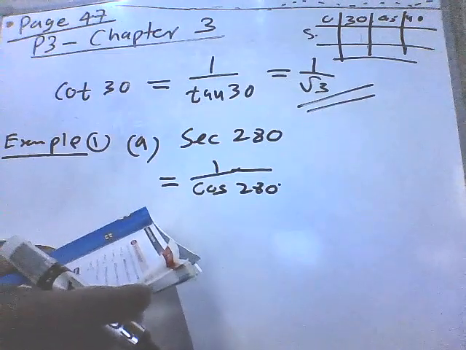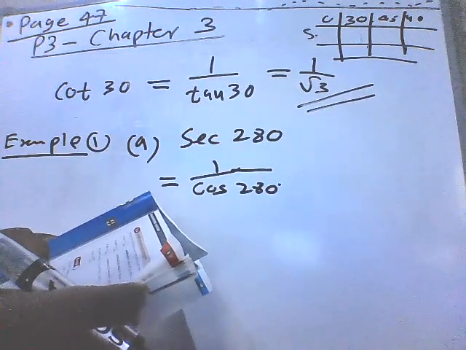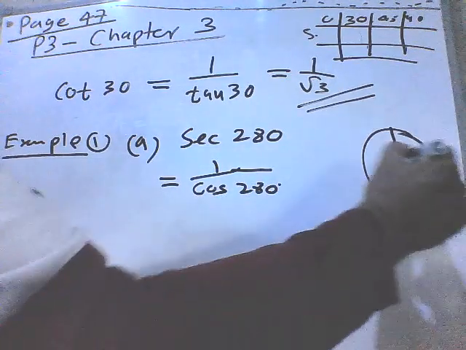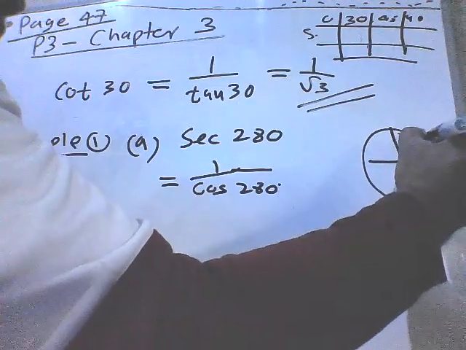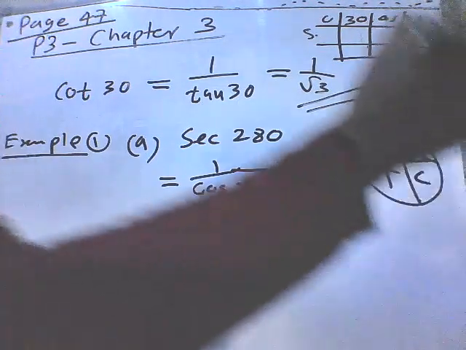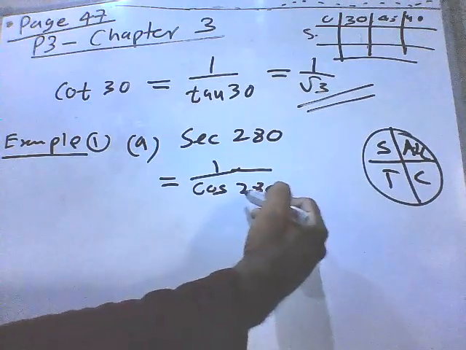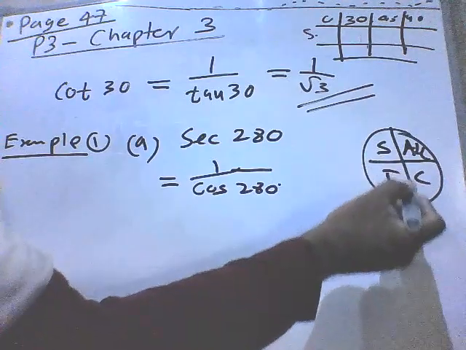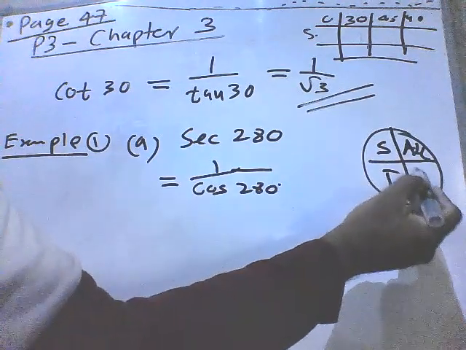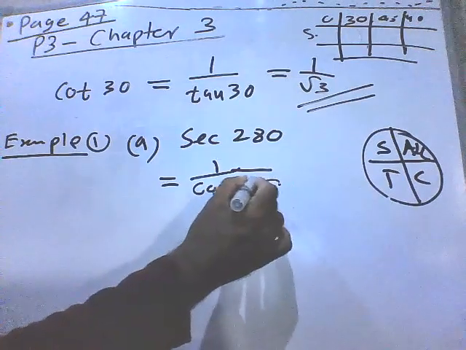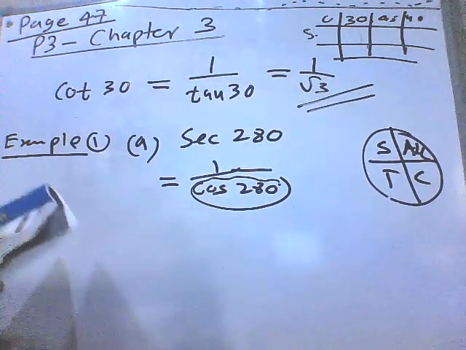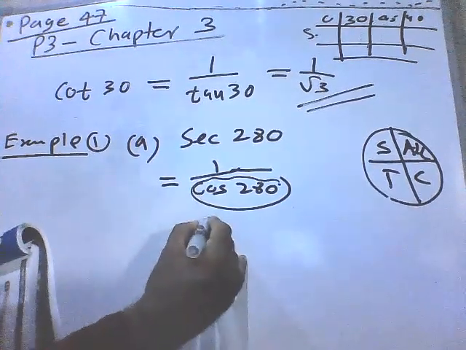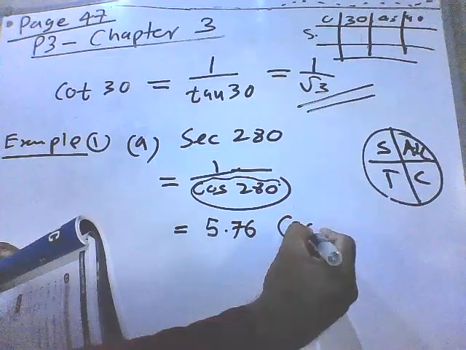The answer should be positive. If we take the quadrants, all S T C, 280 comes after 270, so this value is going to be a positive value. If you put that into the calculator, it will give a positive answer, 5.76 to 3 significant figures. You can check.